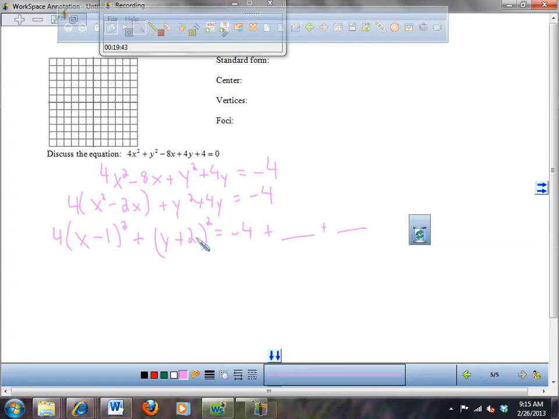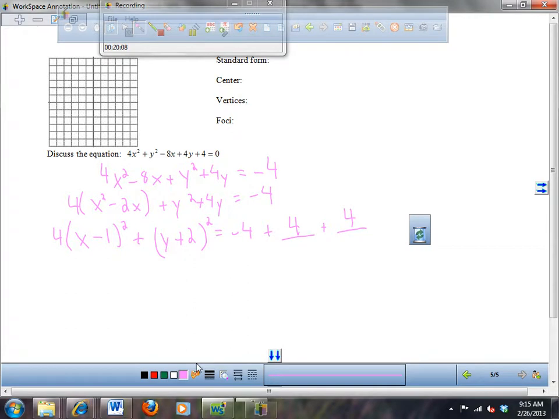So I've added 1 squared times 4. How much have I added? I've added 4 when I did this, because 1 squared times 4, because I factored out this 4. Here, how much have I added? Just plain old 4, so I need to add a 4 over to here.